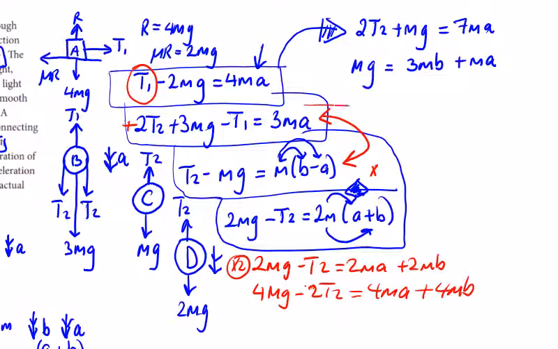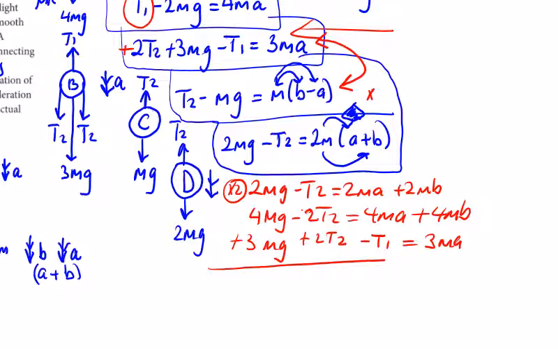I'm bringing down this equation. 2T2 plus 3mg minus T1 is equal to 3ma. So now I have 7mg minus T1 is equal to 7ma plus 4mB.